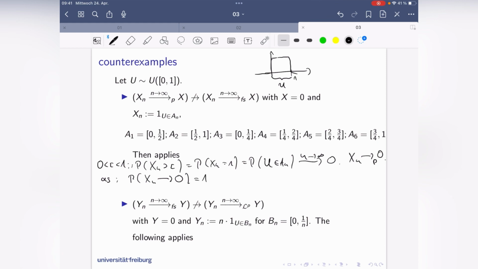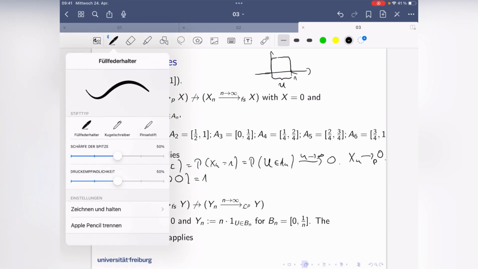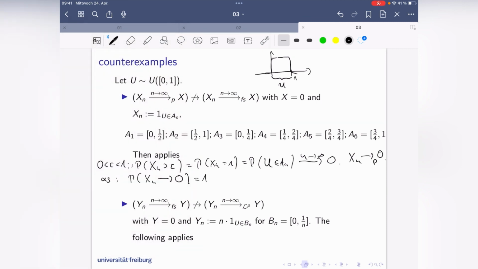That's what we would need. But that cannot be the case. So that's a question mark.